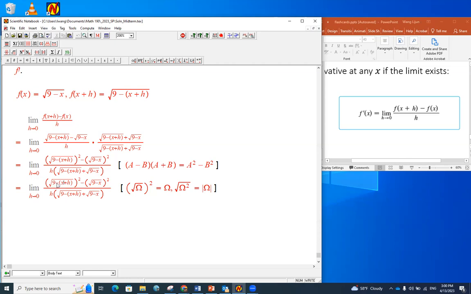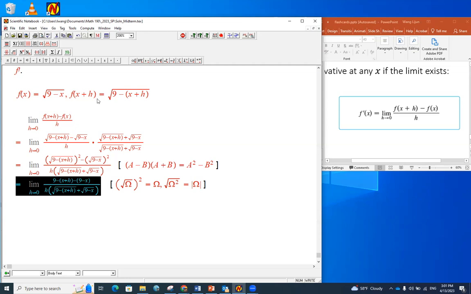And on this piece, we'll be left with 9 minus x plus h, and on this piece, it's just 9 minus x. Open up the parentheses: minus x minus h. You could have opened it earlier, but it doesn't matter. Minus 9 plus x.